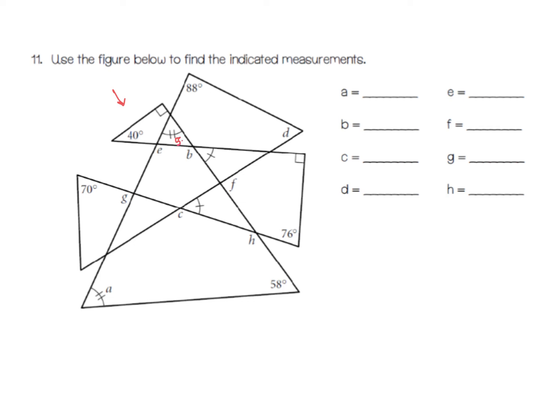This has to be 50, which makes this 50. And notice that has one tick mark, so I'm going to find my other angle that has one tick mark, so that's 50. All right, B then, and its vertical angle are both going to be 130 because they're a linear pair.